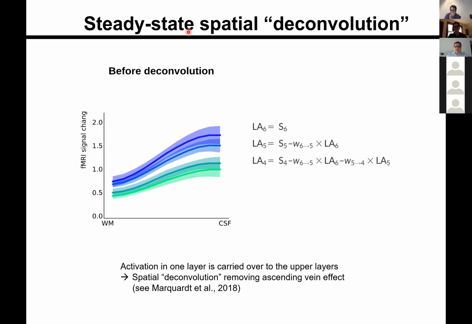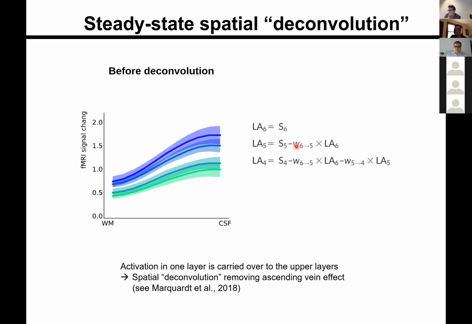And we call this method spatial deconvolution, even though it's not a deconvolution operator, but we probably made a mistake calling it that. It's sequential subtraction. The idea is the measured signal in layer 6 represents the local activity in layer 6. The measured signal in layer 5 is, however, affected by some leakage from layer 6 with a certain weight.